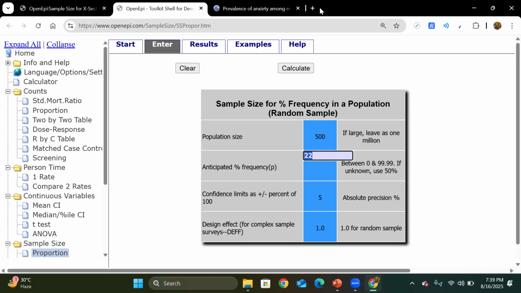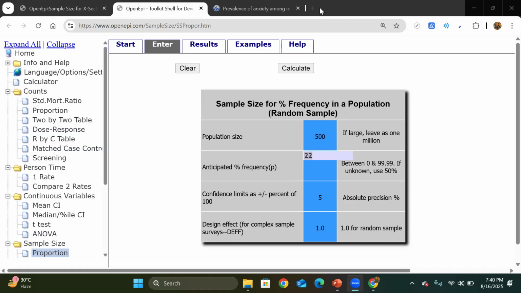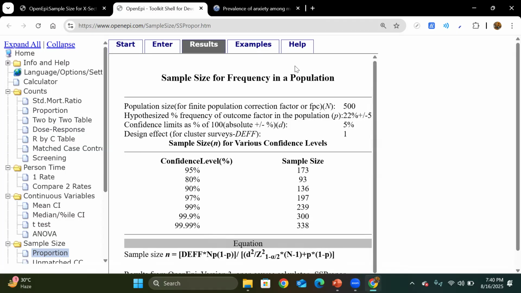If I have to be more sure, I can read the article in detail, but I have just gone through the abstract to find the prevalence of anxiety. The confidence limit would remain the same: a 5% margin of error, because if I am 95% sure, the limit would be 5%. So I would press calculate.